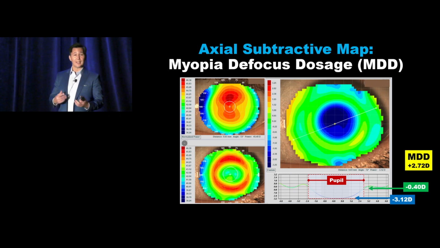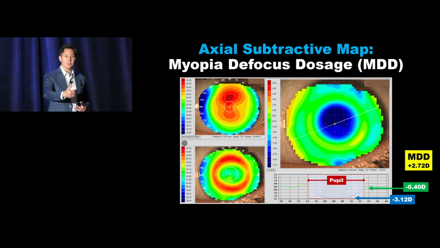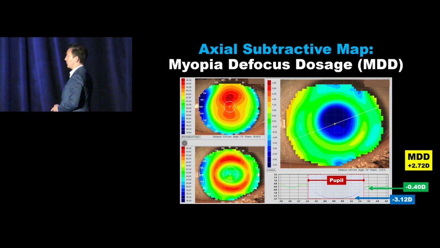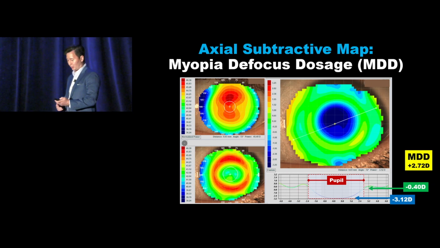So think of this like the add power in soft multifocal lenses. How much add have you given the patient to slow down that eye growth? How much defocus are you presenting to the fovea? So this is an important number when you assess your post-wear outcomes.